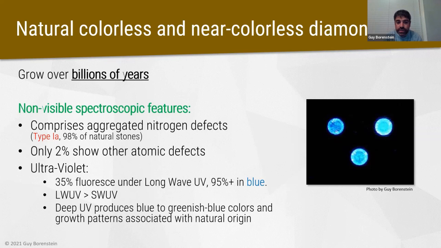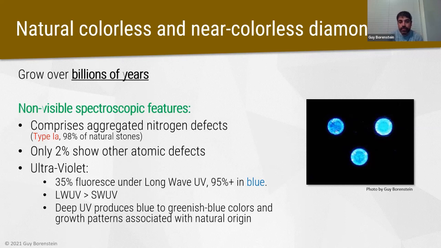Theoretically, yes, with a treatment, we can create aggregated nitrogen like that, but it's almost impossible to create it in a commercially viable way. So we are almost not seeing these cases at all in lab grown. 98% of the naturals will have at least some level of aggregation of nitrogen inside. And this aggregation helps us to identify them.